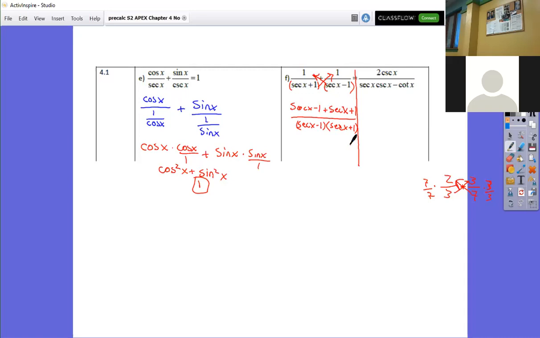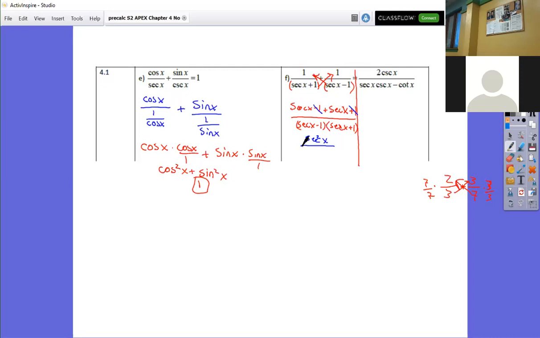These are where memorizing some of your rules come in handy. Some of your just basic rules for FOILing. And -1 plus 1, those cancel. So what am I left with up top? Secant squared x.